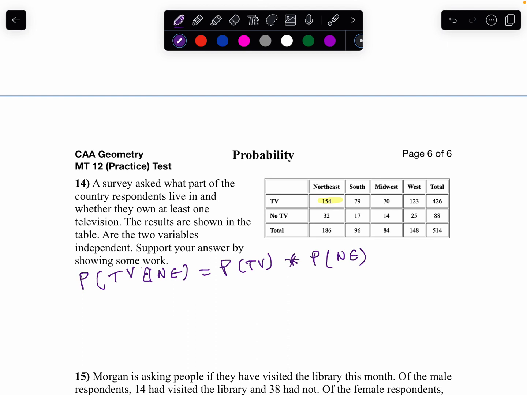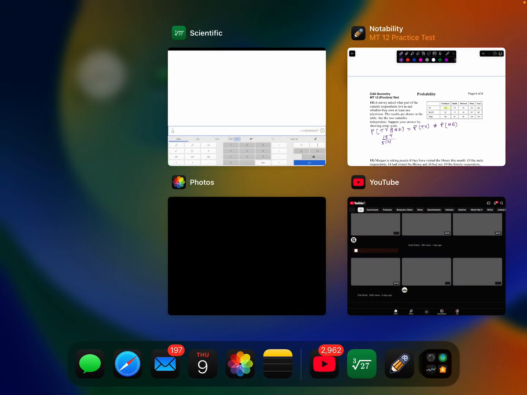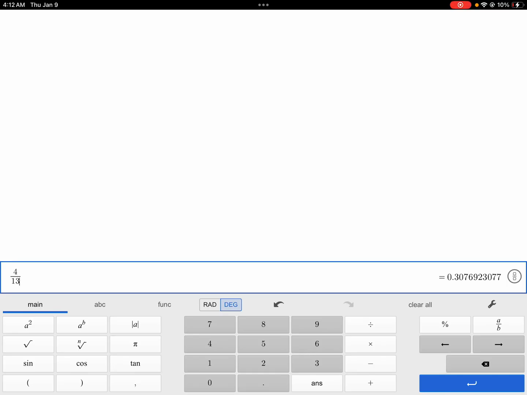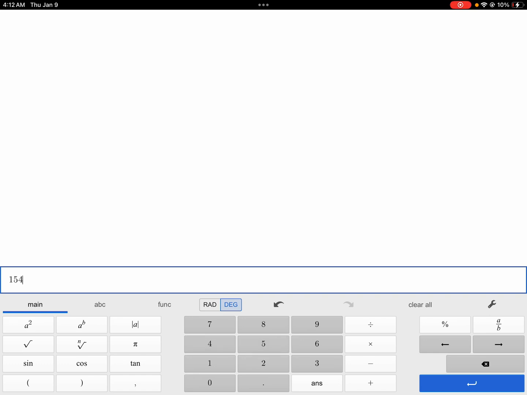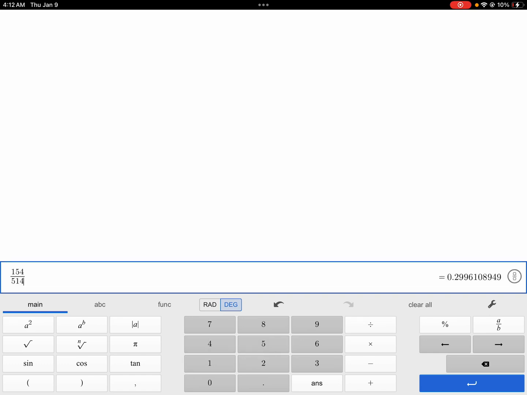Well, the probability of TV and the Northeast, that's 154 out of my total, which is 514. And if I take 154 and I divide by 514, I get 0.3, about 0.2996.